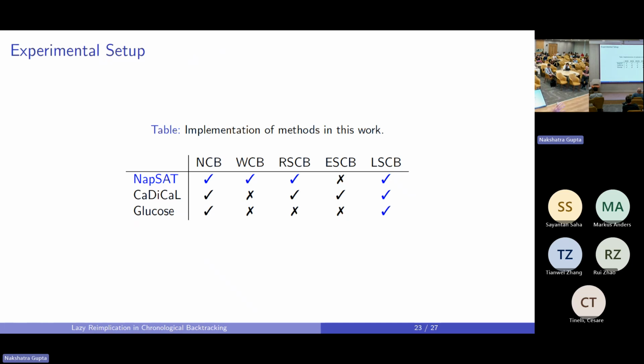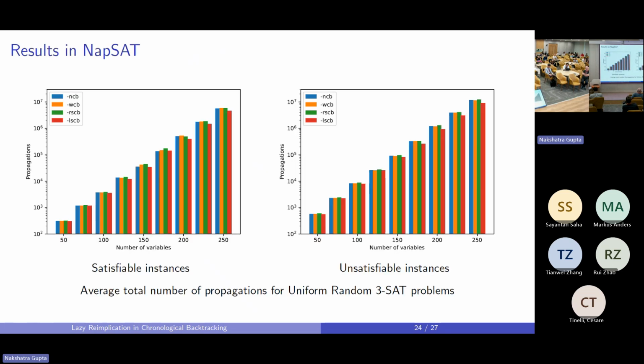So to summarize the contribution in terms of code, Knapsack was written from scratch and supports everything except eager strong chronological backtracking because it's very tricky to do. And we have implemented lazy strong chronological backtracking in both CaDiCaL and Glucose.